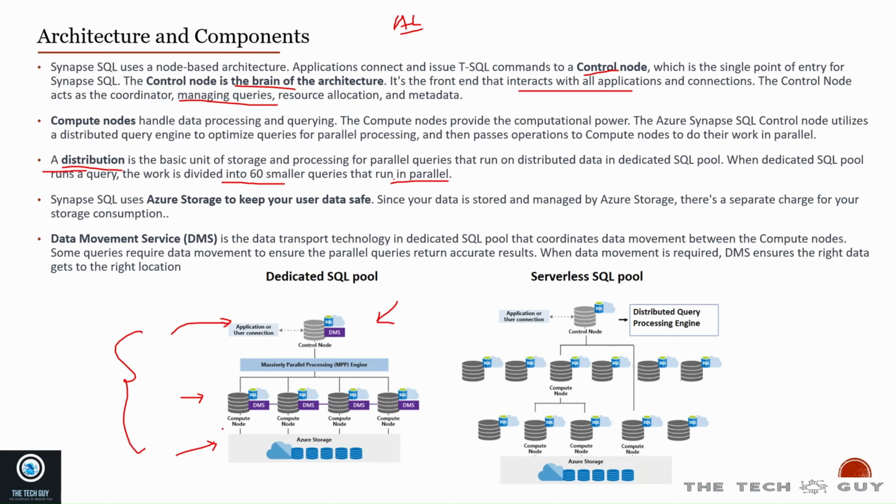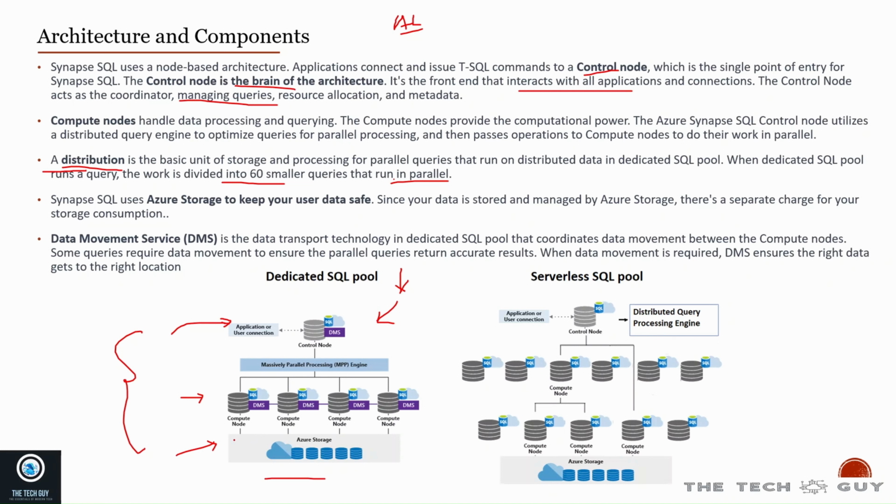Now, depending on, for example, let's assume you're using a really heavy compute in the backend. I'll talk about dedicated and serverless. For example, you're using a compute in the backend which really has 60 nodes.